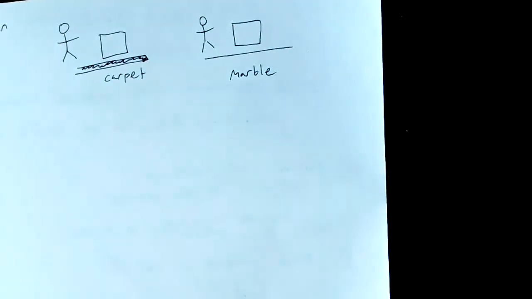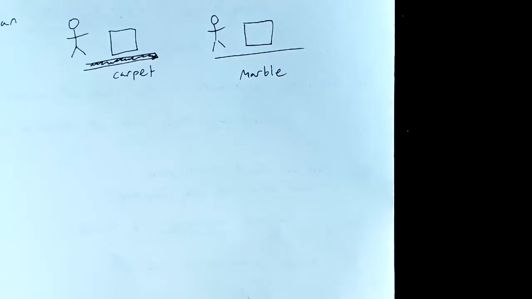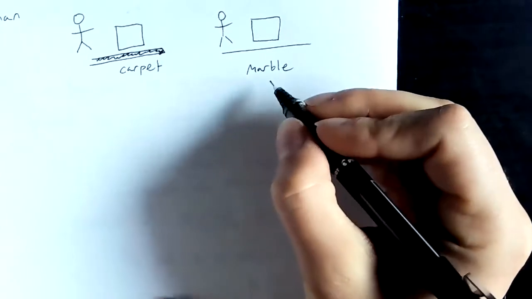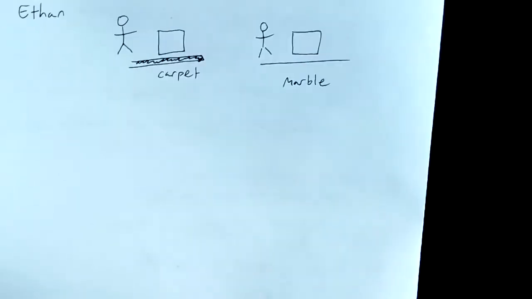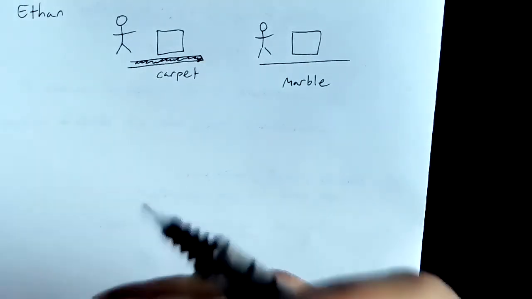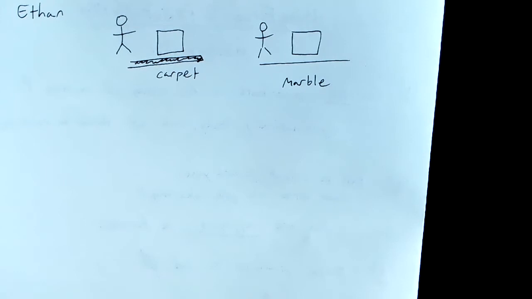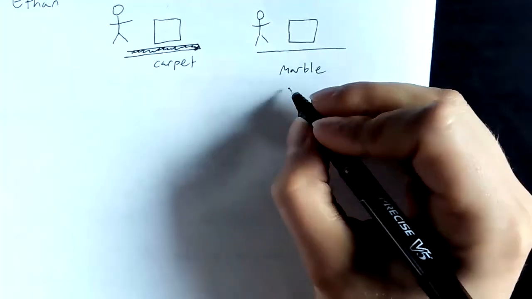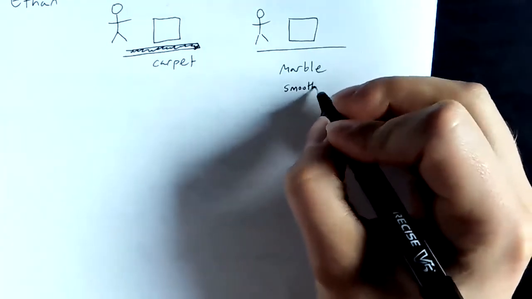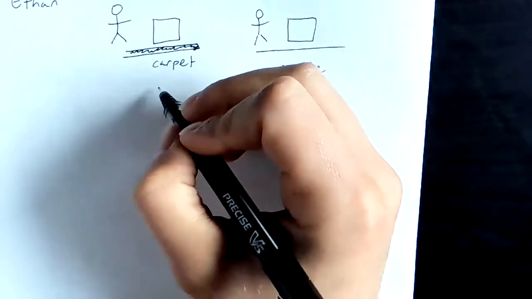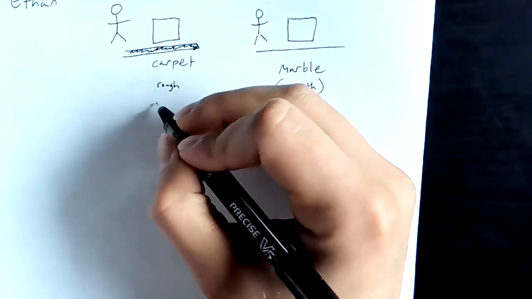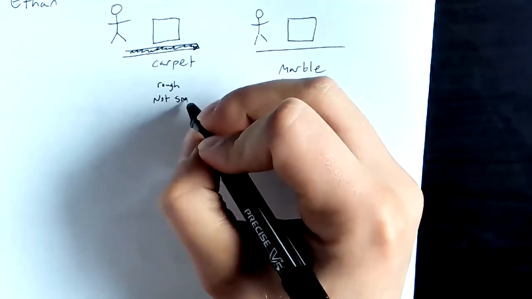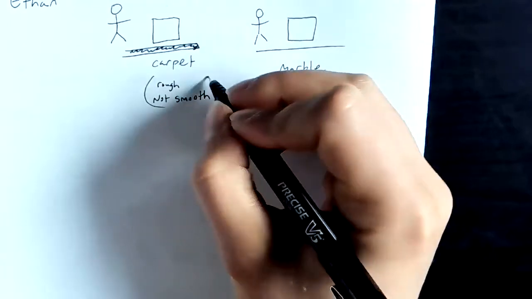Okay, so we have carpet and then marble. And he thinks it's a lot easier to push it on the marble than it is the carpet. So why is that easier on marble? Marble's very smooth, right? Carpet can be rough. Not smooth, another way to put it.